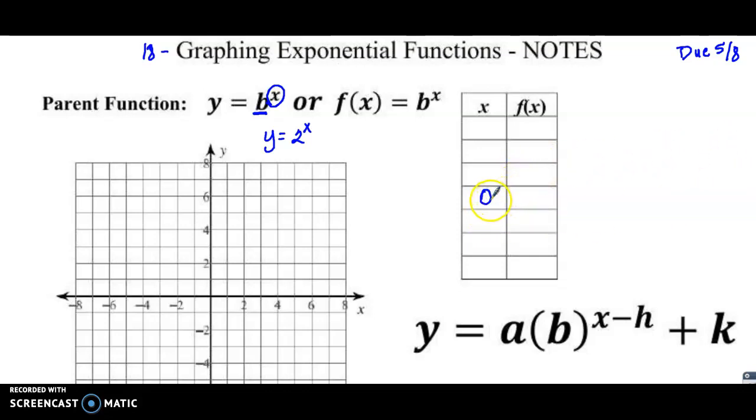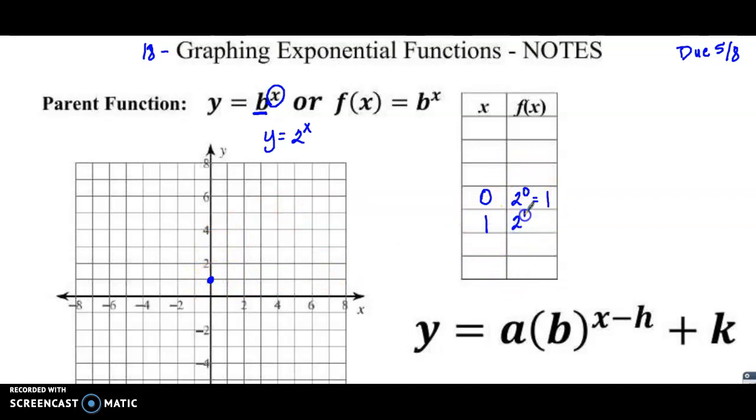If we don't know what our graph looks like, we're going to plug it into a table. When we plug in a 0, we're going to be plugging in 2 to the 0 power, which we know is 1. We will plot that point, and every single time you will have 0, 1 as a coordinate on your parent function. So no matter what that base value is, it's always going to be 0, 1 because anything to the 0 power is 1.